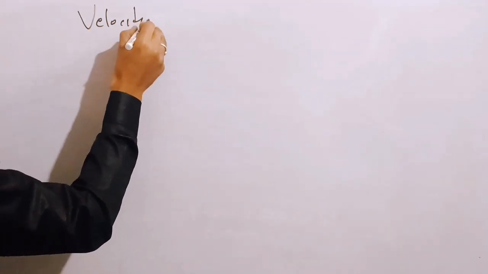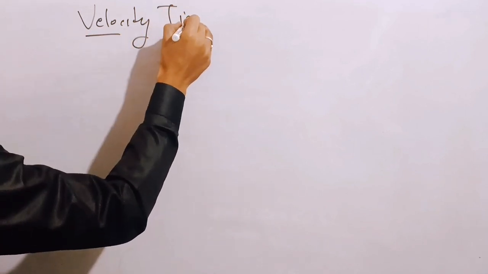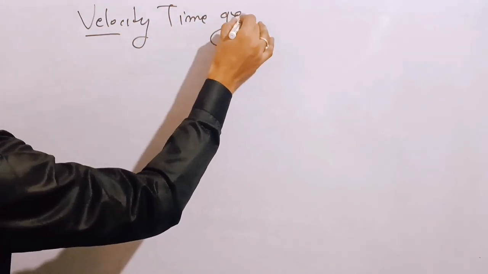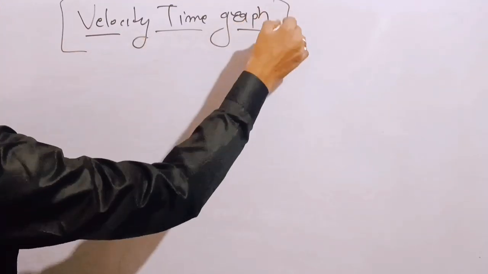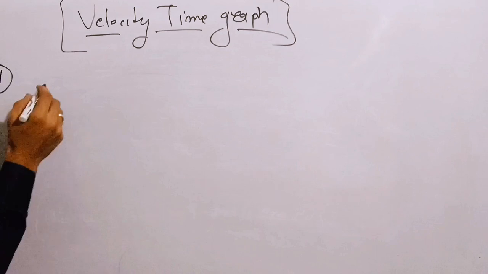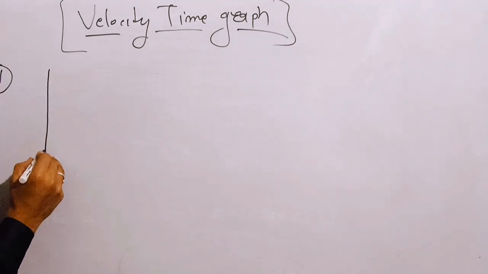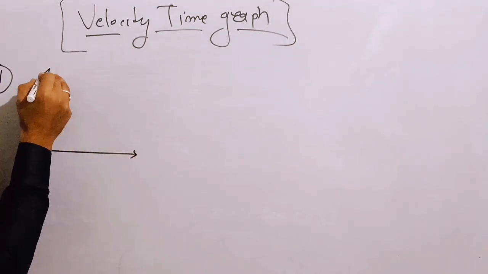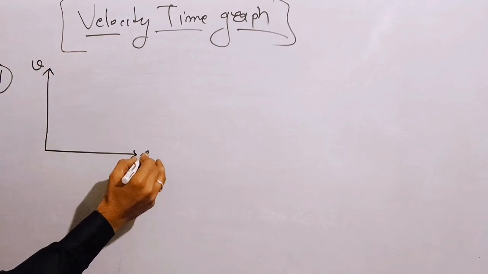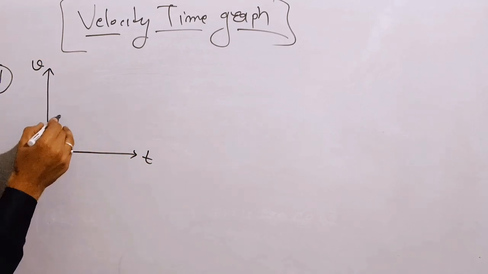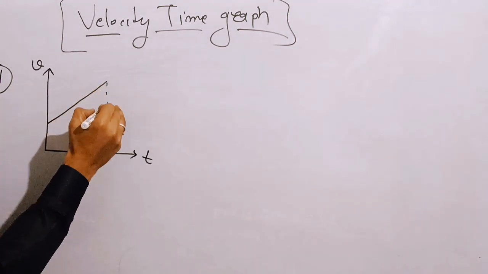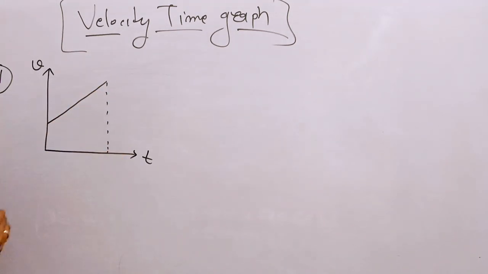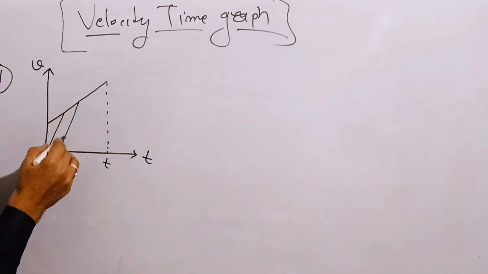Velocity time graph. So let us draw. This is the x and y. The y point is the velocity and x point is the time, and this is a constant acceleration line. This is a point t. This is a time end point, and the area under the curve is the displacement.